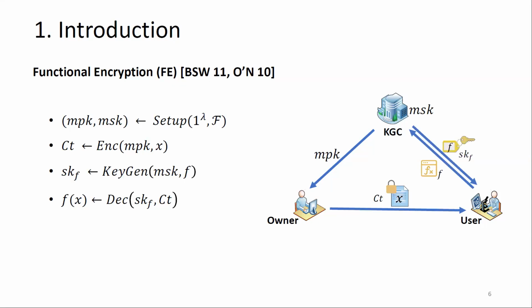Finally, the data user can obtain the function value f(x) if he or she can obtain the functional key SK_f from KGC, where the functional key SK_f was generated using the master secret key MSK. The security of FE guarantees that the data user can only learn f(x) and nothing else about X.